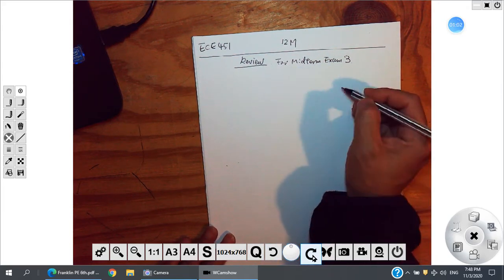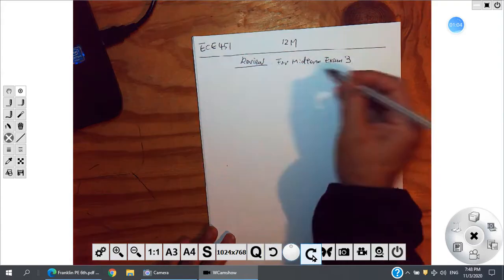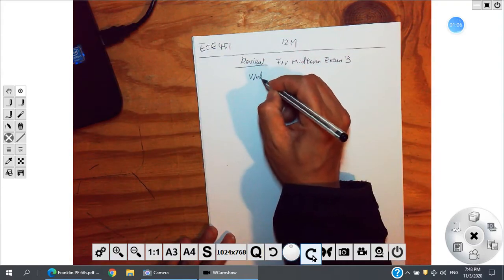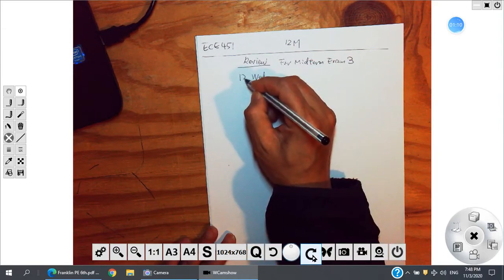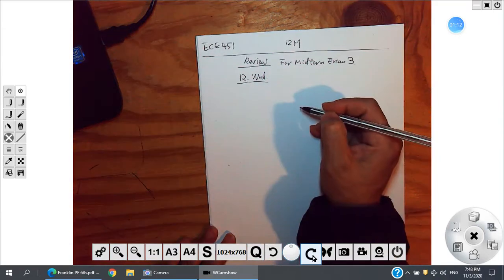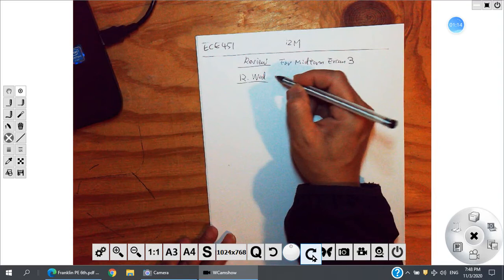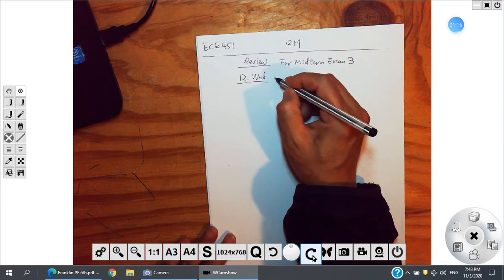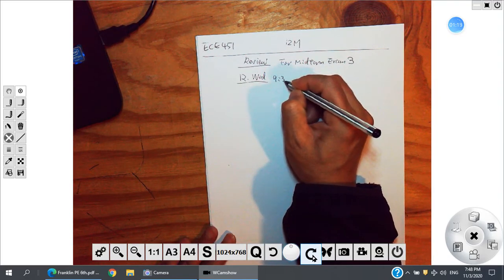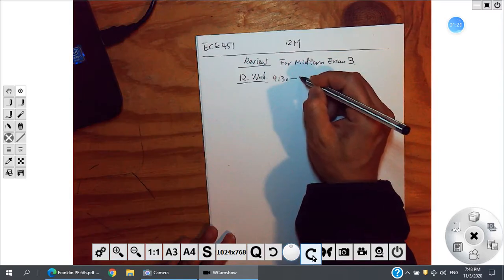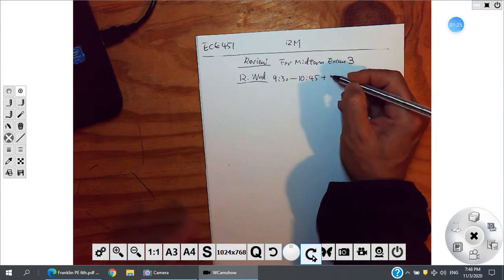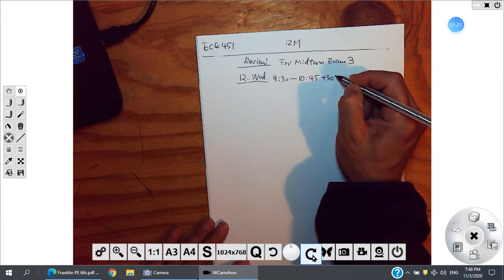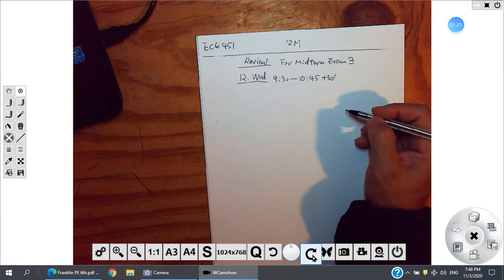For the exam, it will be on the Wednesday, the same week, 12th week, during the class time. So that will be 9:30 to 10:45, and same way as last time, we have 30 more minutes to prepare material to submit.